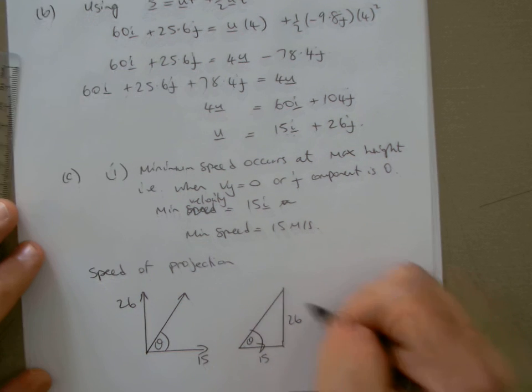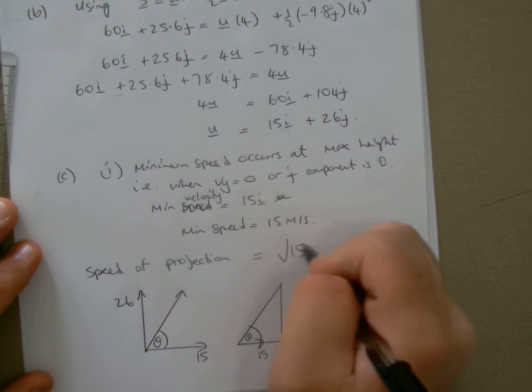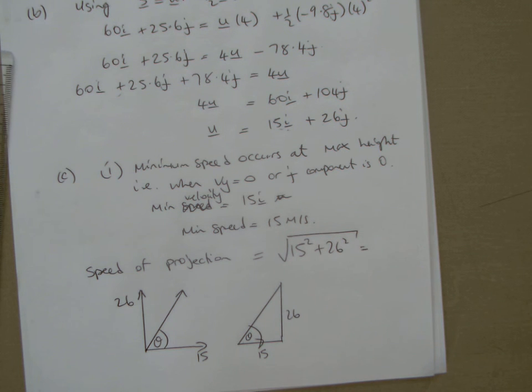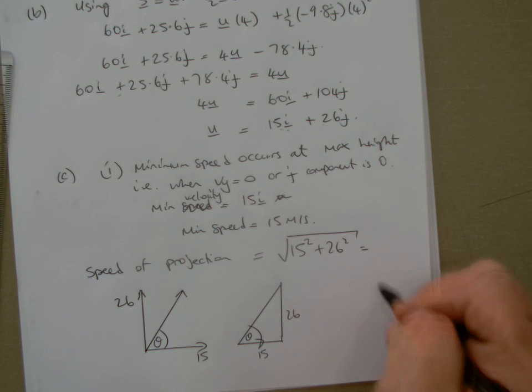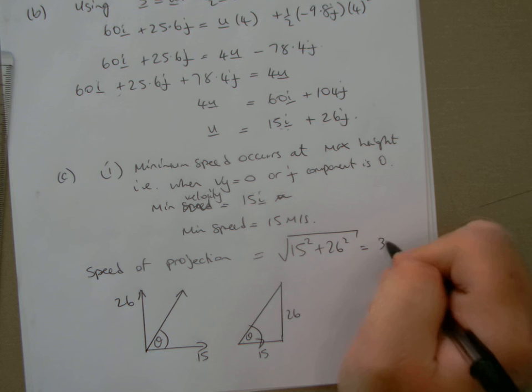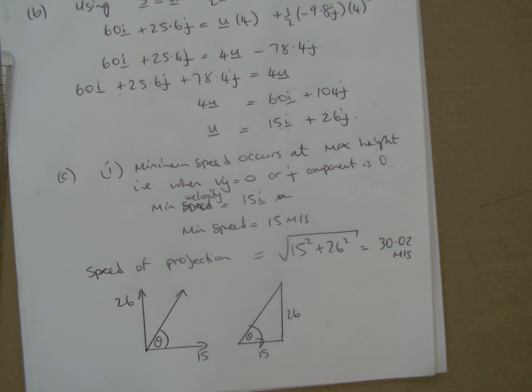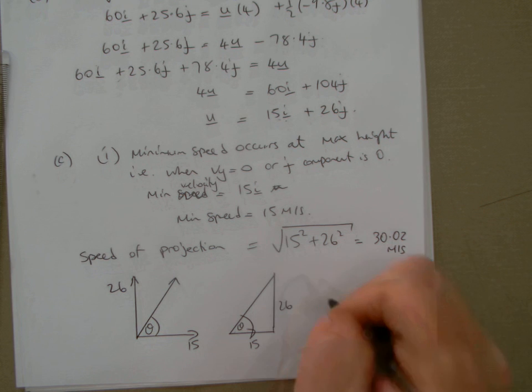So the speed of projection will equal, using Pythagoras, 15 squared plus 26 squared, all square rooted. So that comes to 30.02 meters per second. And then to get the angle of projection, you can use tan, can't we?